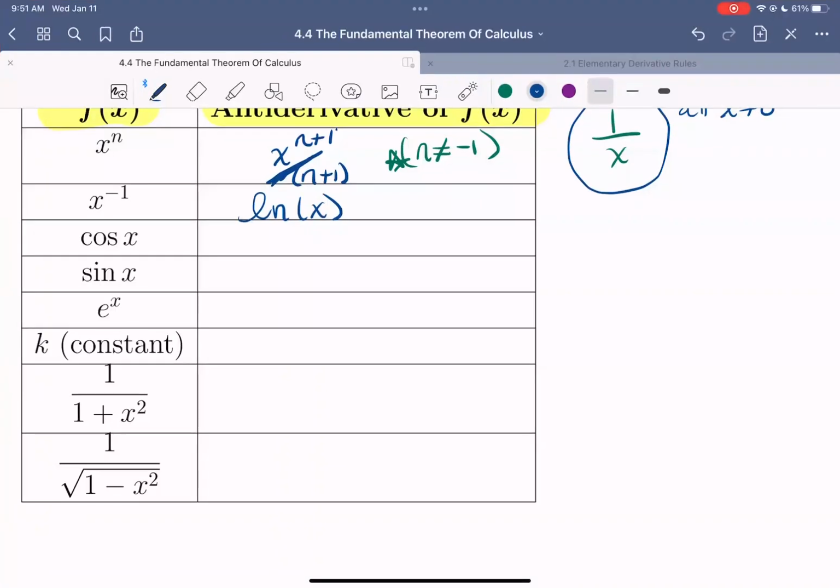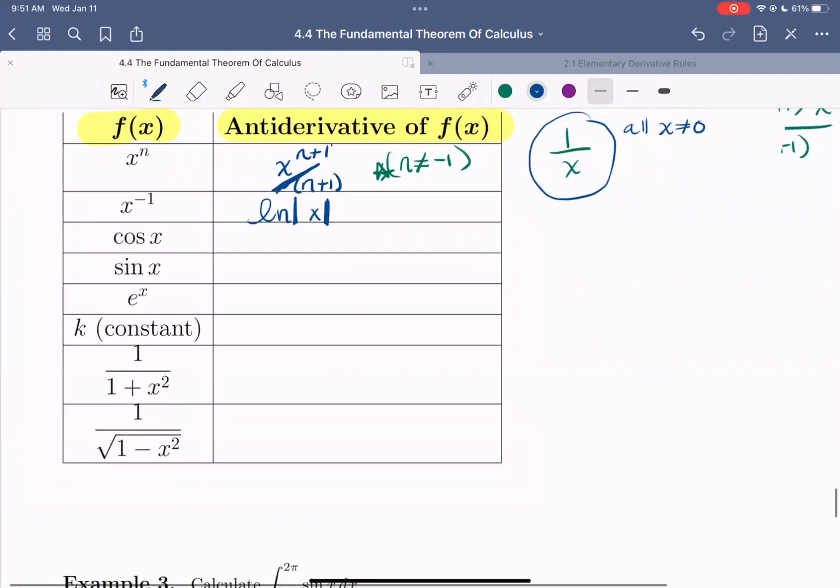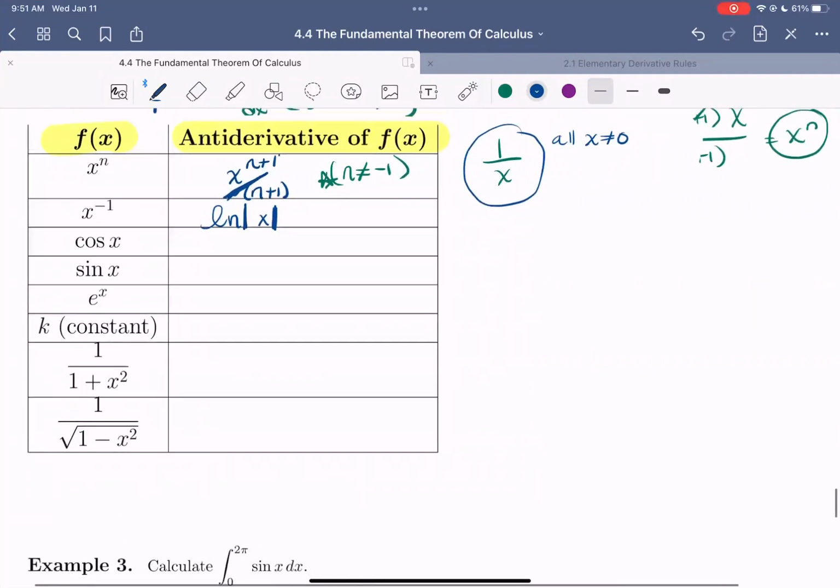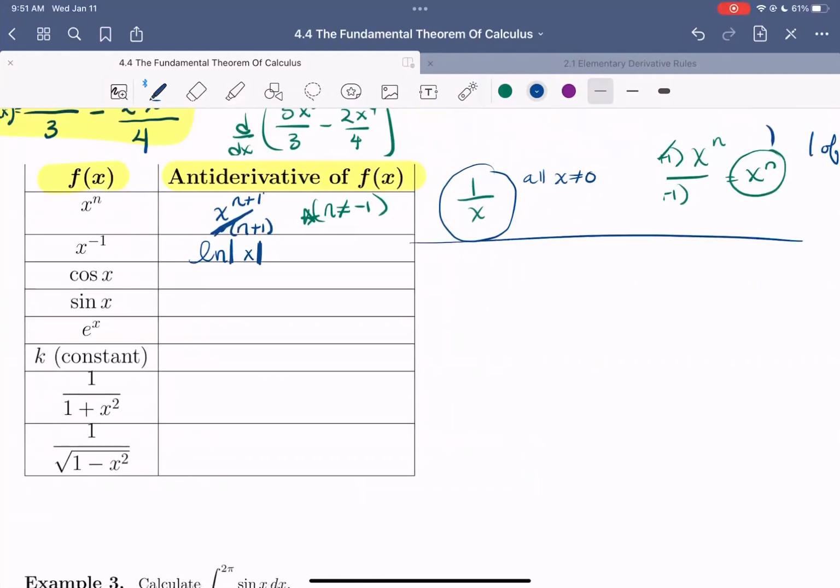So when we write ln of x as the antiderivative of x to the -1, we need to add a detail here. We need to make it clear that we can only take in positive x's. So we're going to put absolute value around that x. And we can see why this should be true. So let's do a little proof, explanation, over here.